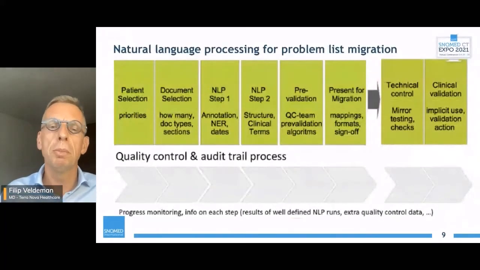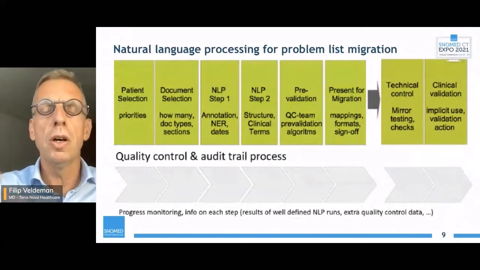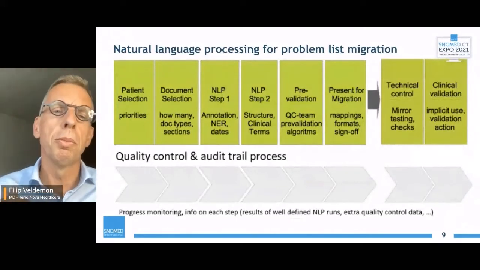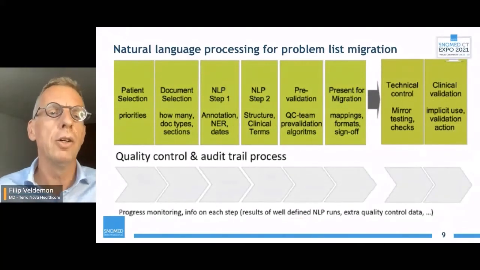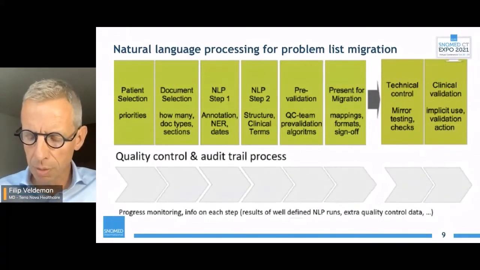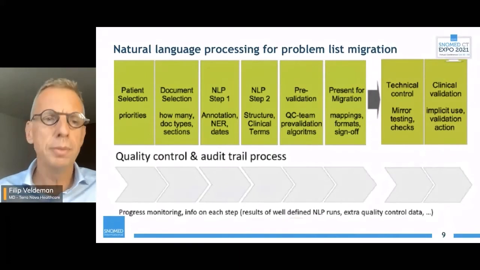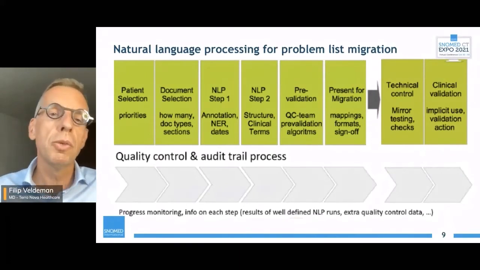On the topic of NLP, here you see on the top part of the slide the production process of the NLP. The bottom part is more the quality control and the audit trail. There are different points where you see patient selection, document selection, NLP.